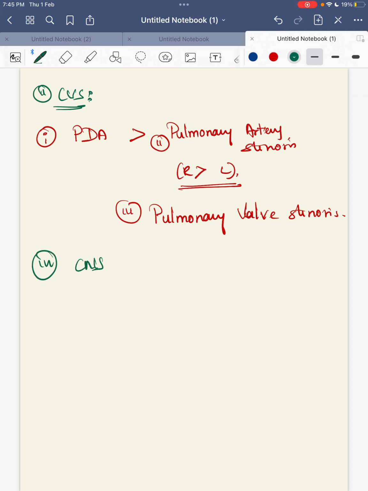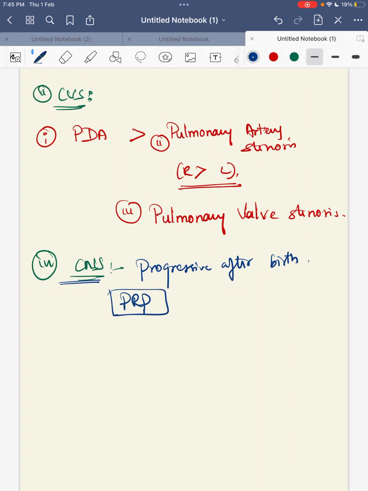Fine. Next, going on with the neurological defects in the CNS. The child can present with neurological defects, which are common and which progress even after birth.